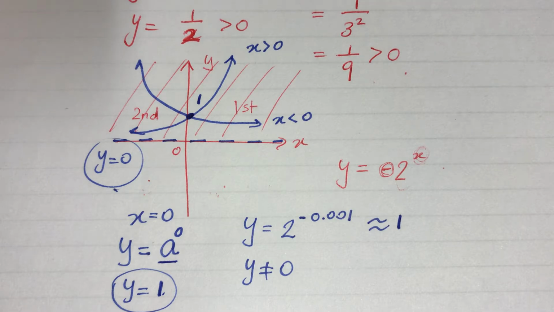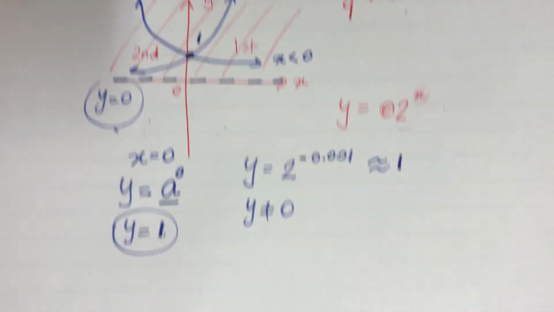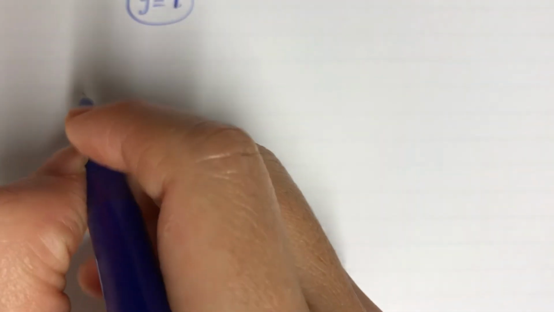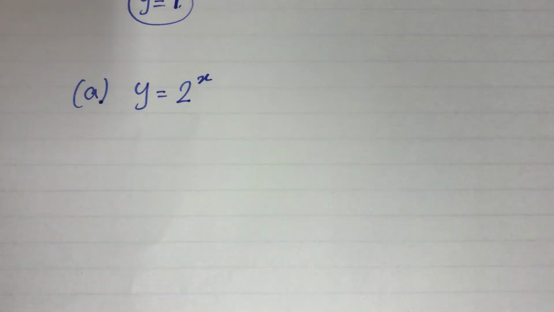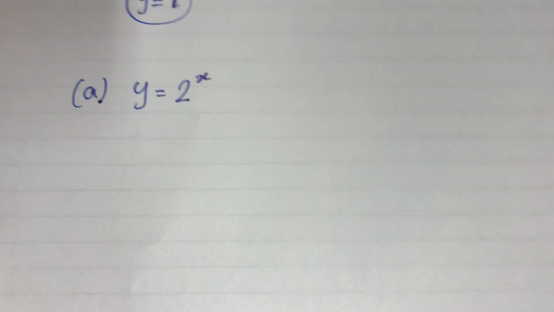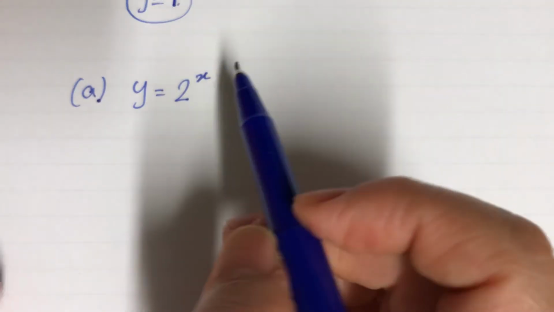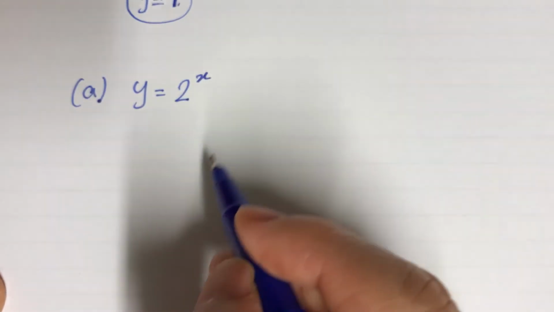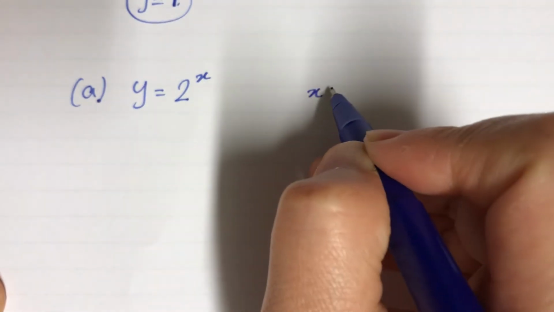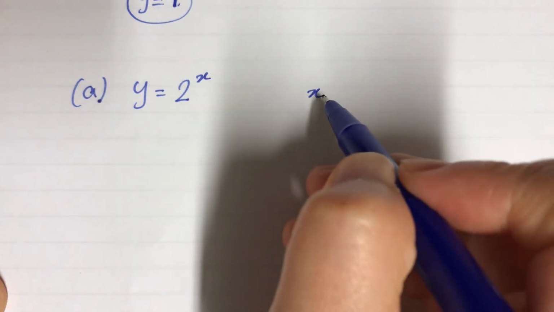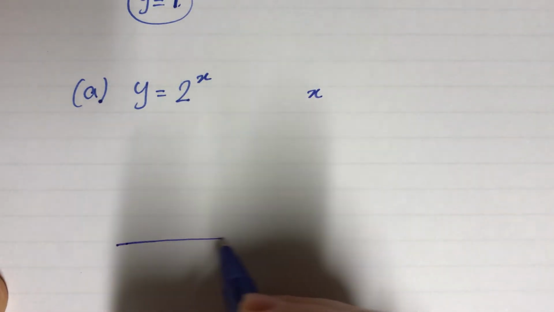Okay, now we're going to actually sketch some graphs of it. So let's have a look. The first one we've got is y equals 2 to the power of x.